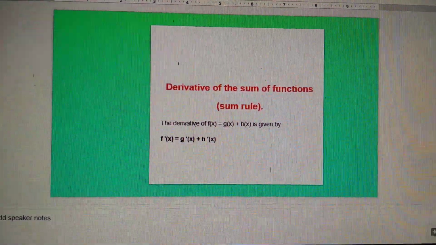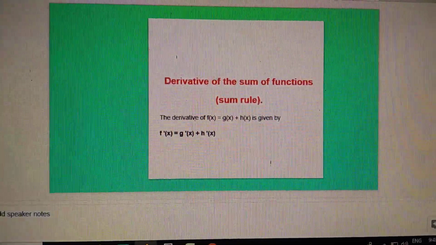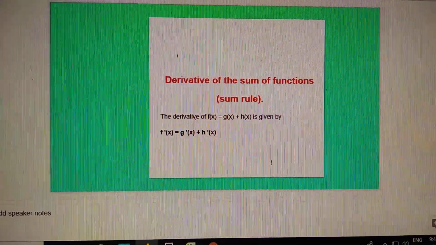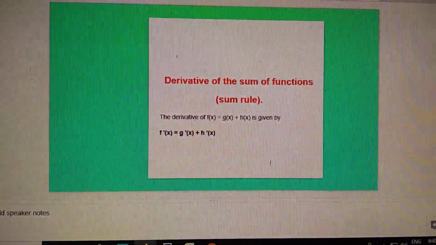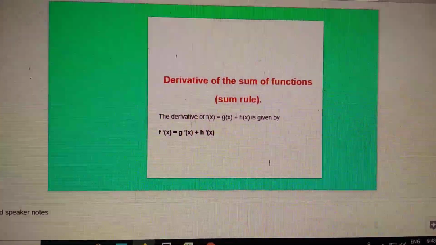Now derivative of a sum: the derivative of a sum is nothing but the sum of the derivatives.